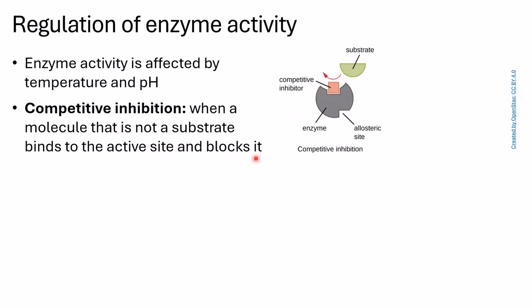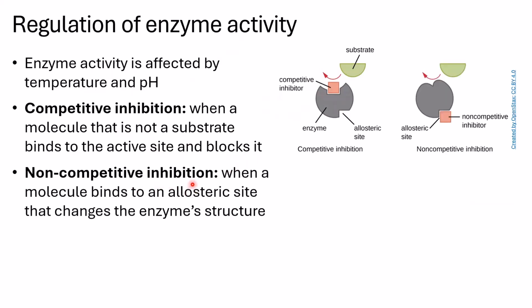Since it never changes, this inhibitor will just sit at the active site and block it until something kicks it out. There are also non-competitive inhibitors, which are inhibitors that instead bind at the allosteric site, changing the shape of the enzyme so that it cannot bind as well to the substrate. The allosteric site can also instead be bound by activators, which change the enzyme shape to better fit the substrate.